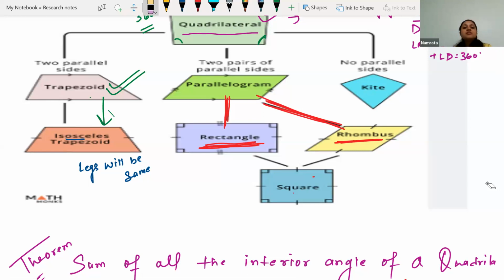Yes, these are different shapes, but first we have to take the elder one's property, and then it has its own identity. A parallelogram is first a quadrilateral and then it has its own identity, that is parallelogram. Getting it? So let's discuss the parallelogram in detail.